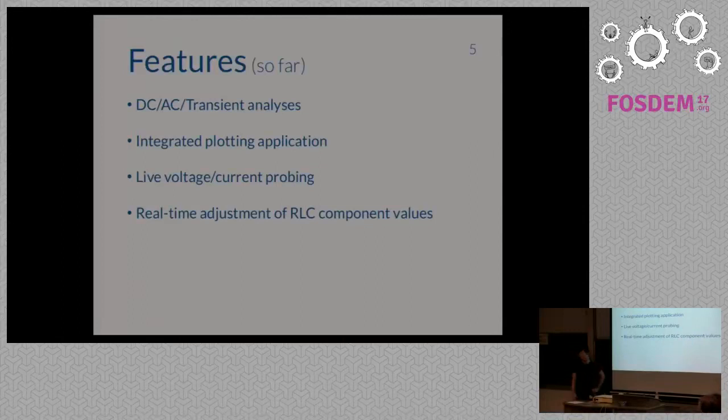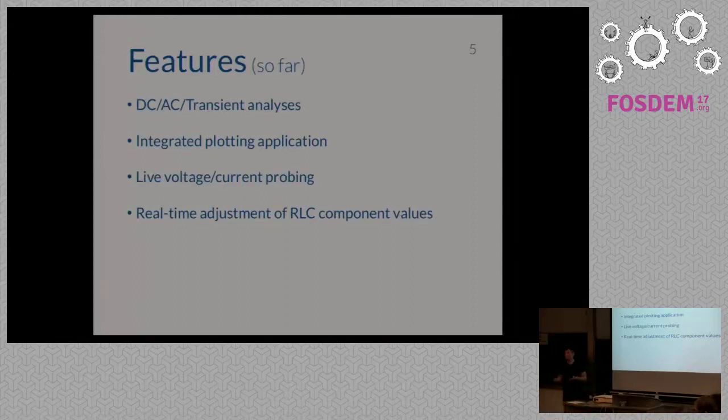So, what do we support so far? We can run operating point, AC and transient analysis. We have our own built-in plotting application. We also support live voltage and current probing. Once the simulation is running, you can click onto a component or a wire on the schematic to automatically update the plot with the corresponding signal value.